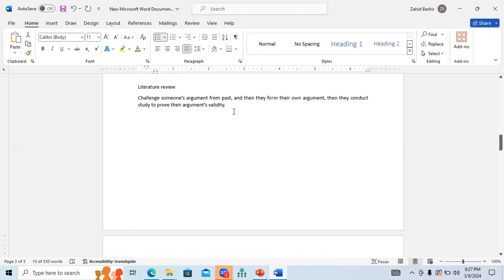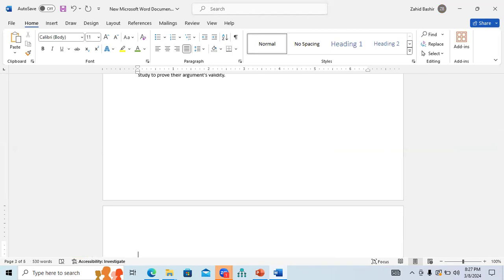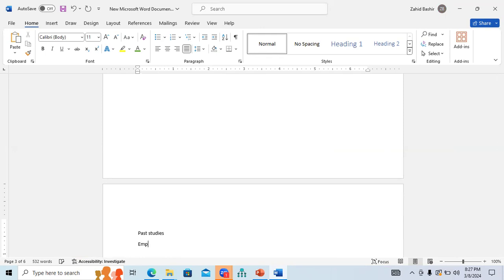For example, by doing a literature review in a critical way, you identify that past studies employed time series analysis, panel analysis, quantitative in nature, studying capital structure.